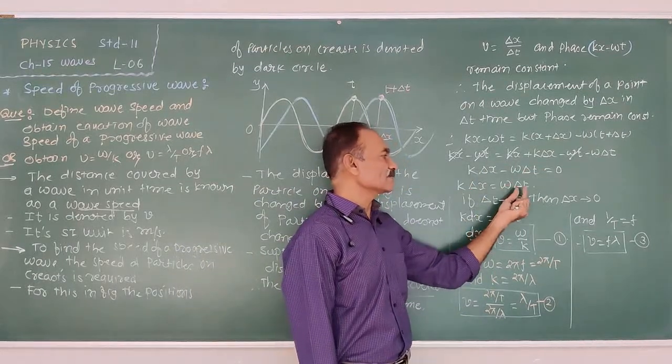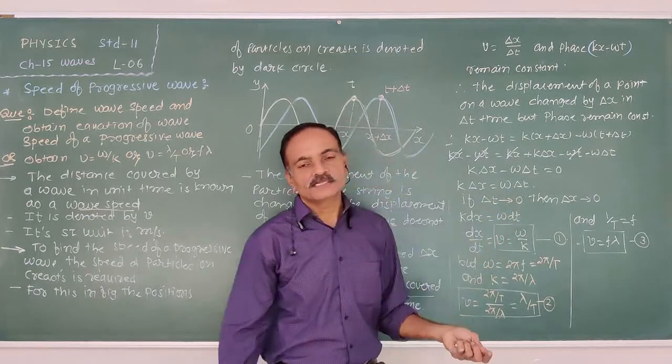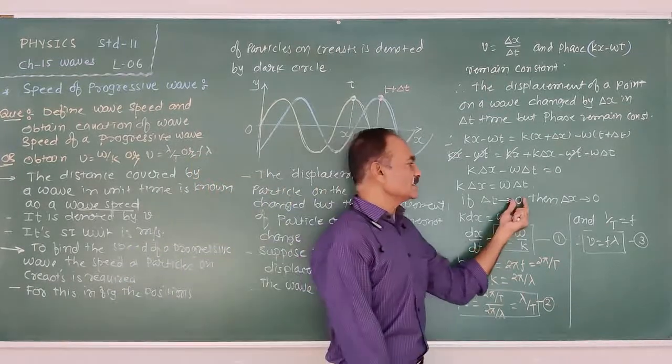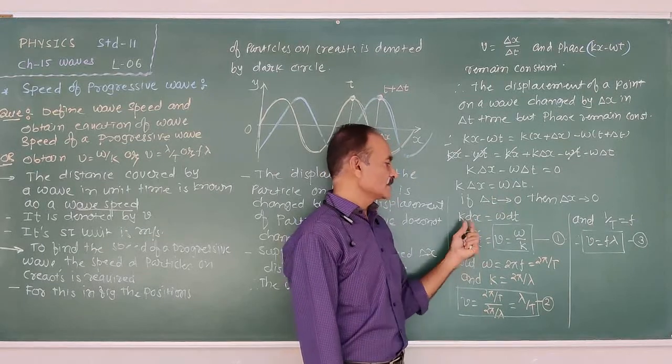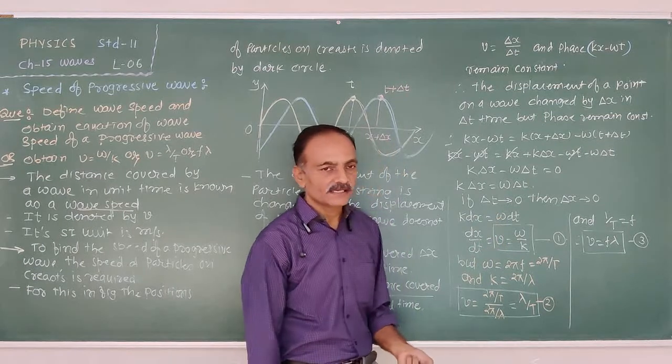Therefore, k delta x is equal to omega delta t. If delta t tends to 0, then delta x also becomes 0. We apply this, therefore small change in time, small change in position. Therefore, k dx is equal to omega dt.